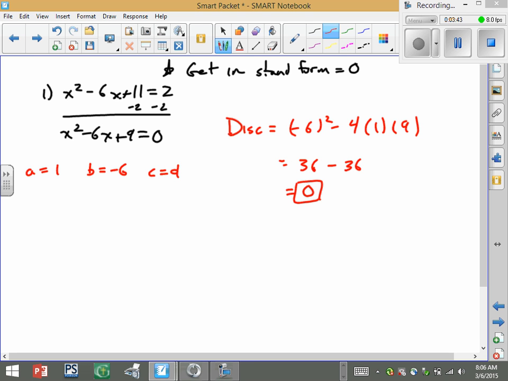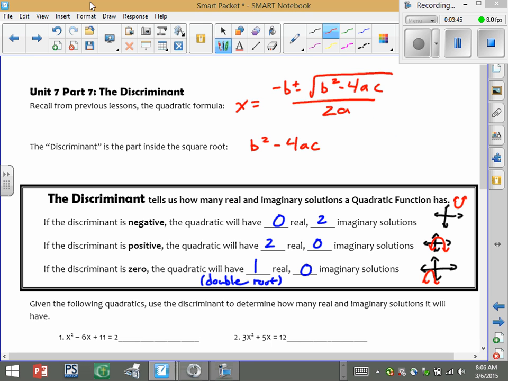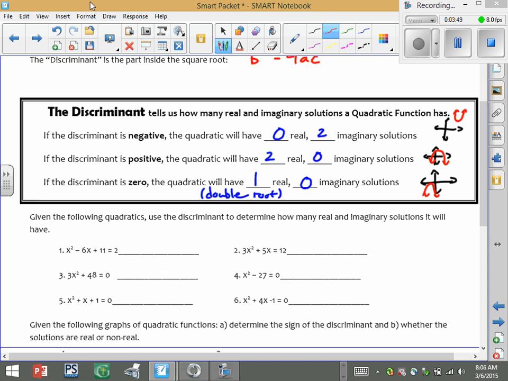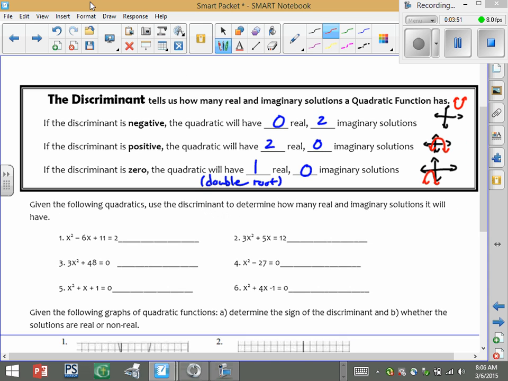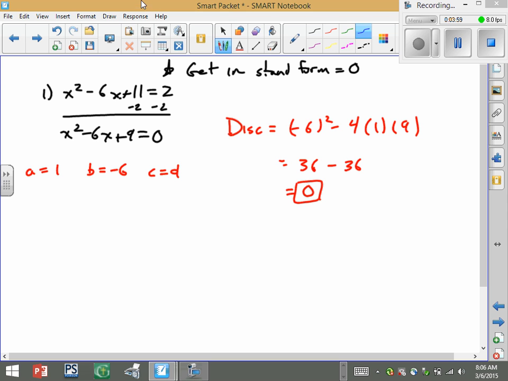Well, that tells me that there is one real solution. So given the following quadratics, how many real solutions? There's one real, 0 imaginary.